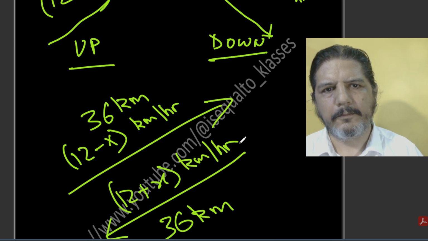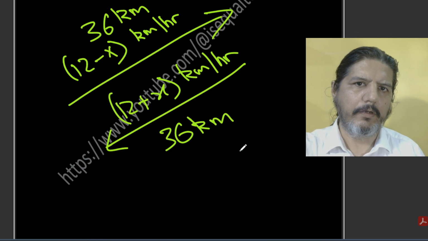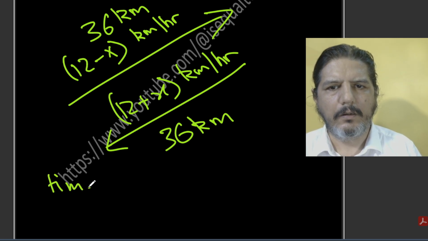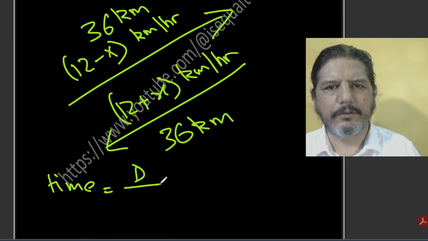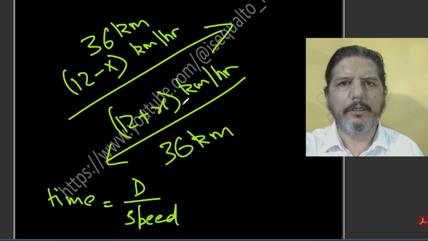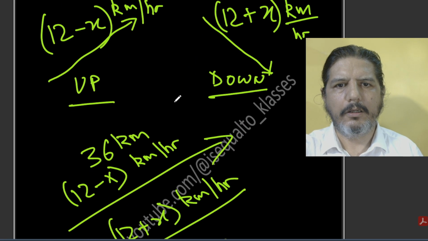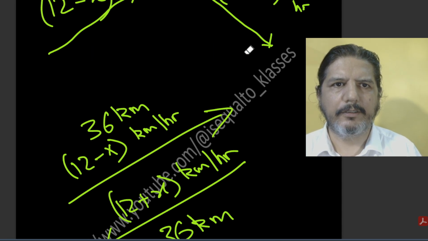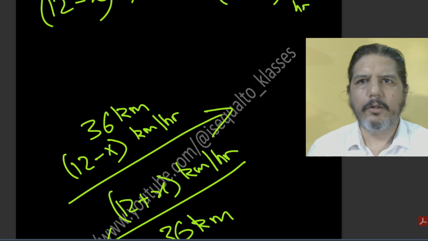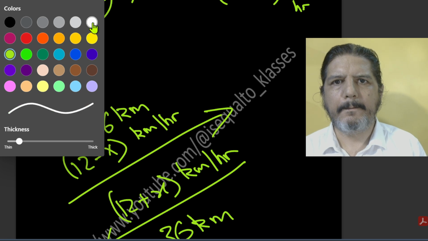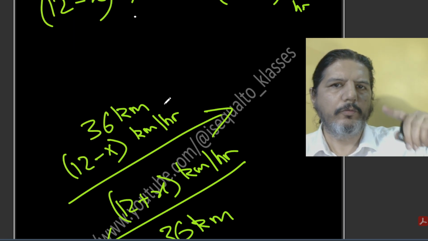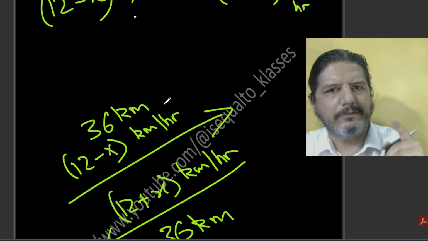Now, one formula that you need to understand is that time is equal to distance upon speed. Now, look carefully here. I'll just erase this because I don't need this anymore. So 36 kilometers he is going at a speed of 12 minus x kilometer per hour.